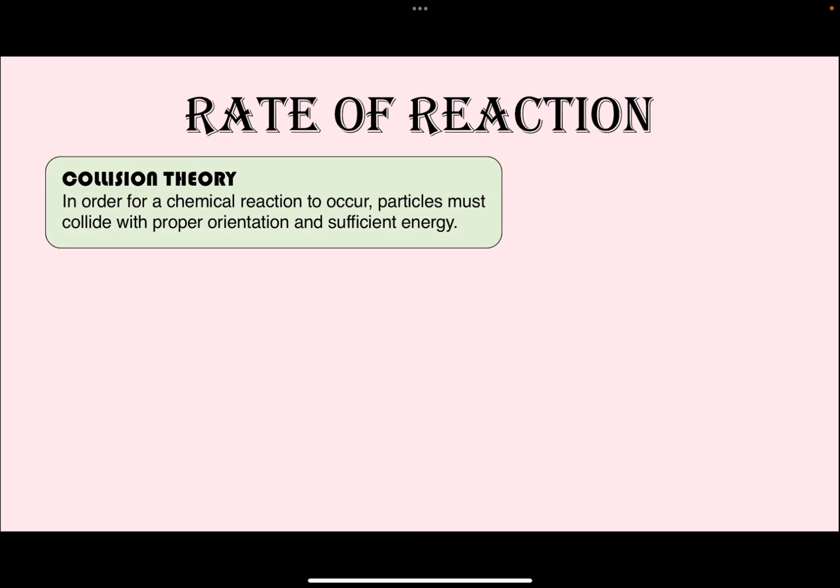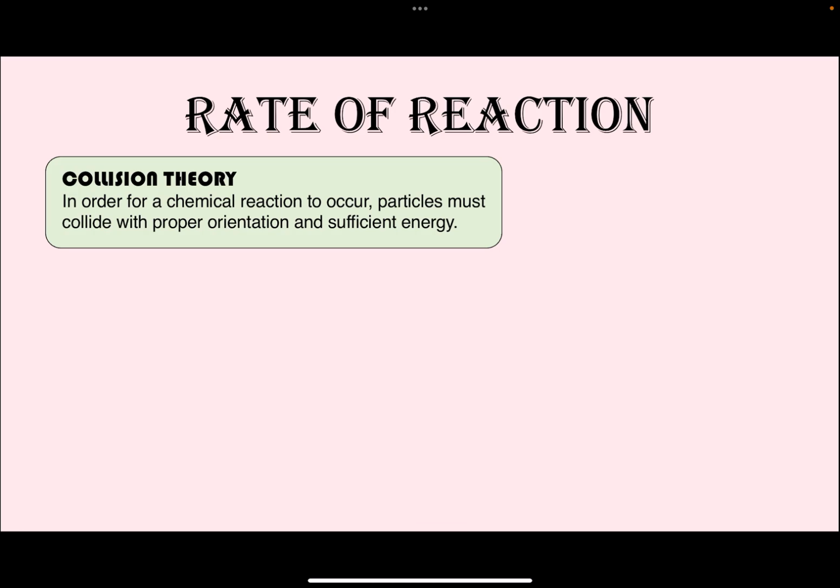Before we talk about how equilibrium can be impacted in a chemical system, let's first talk about this idea of rate of the reaction or the speed of the reaction. So the speed of the reaction depends on the collision theory, which states that for any chemical reaction to occur, the particles of the reactants have to collide with each other at a very specific orientation, and they need to have a certain amount of energy.